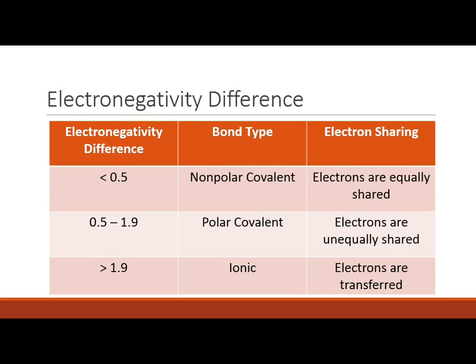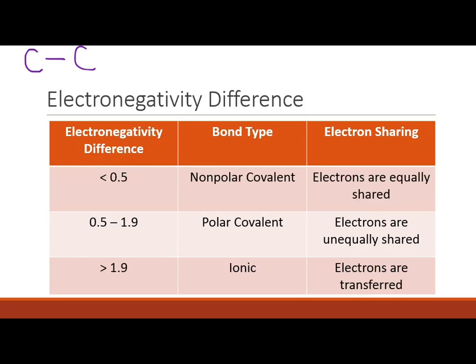Now what we really need to do is look at the difference in electronegativity between two atoms, and that will define what kind of bond we have. Let me give you an example. What if we had two carbon atoms bonded to each other? In this case, they have the same electronegativity.